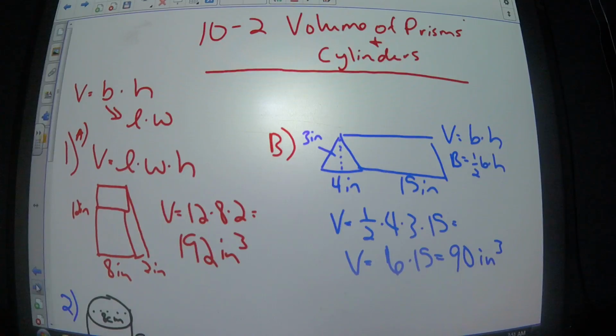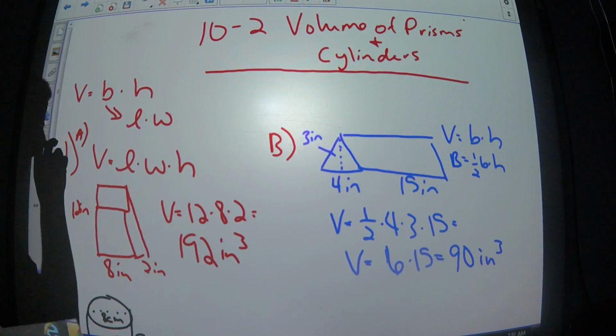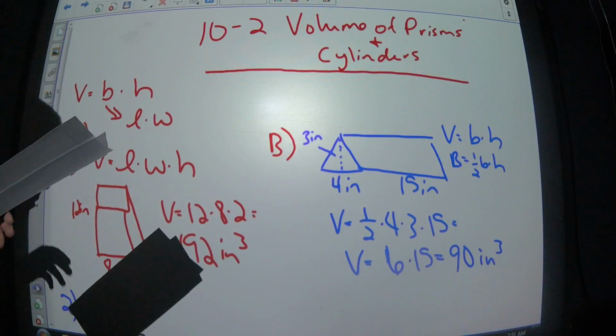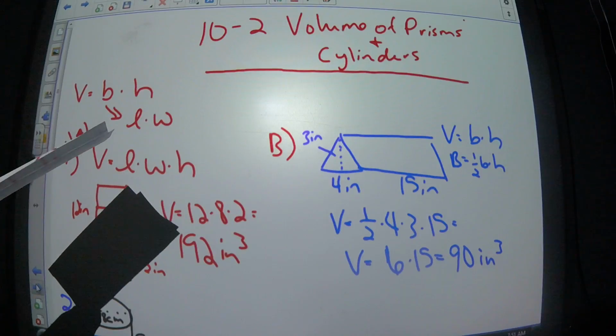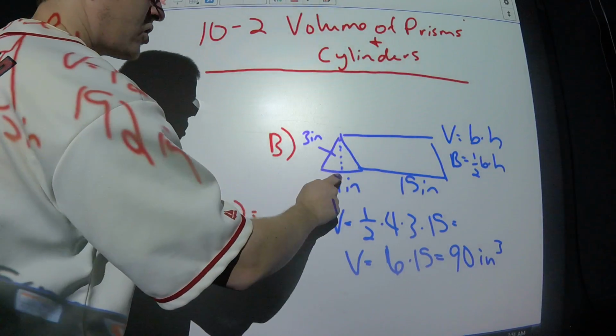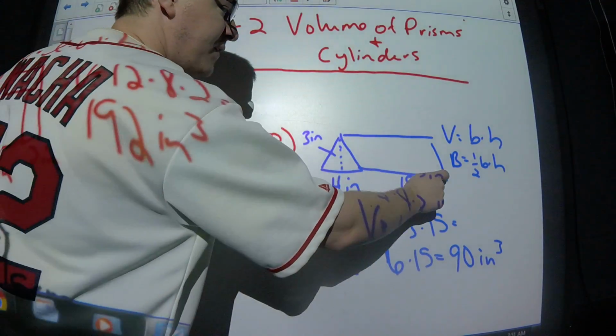Looking at B, this triangular prism, you have volume equals base times height. The base is going to be this triangular base, and the height is 15 inches.